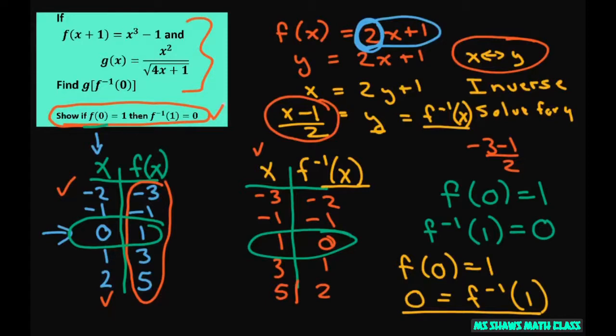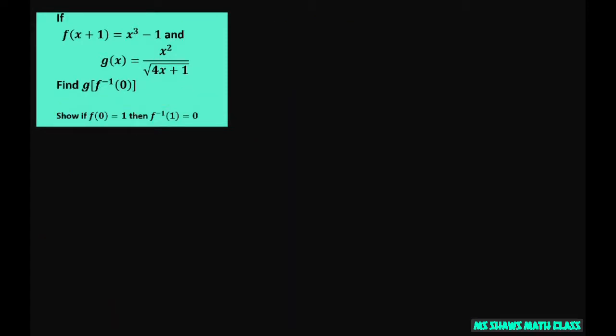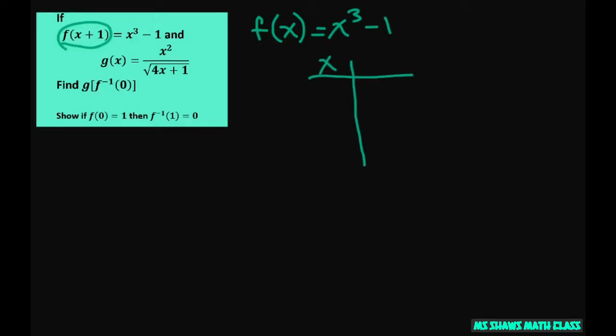Now let's get to our problem. What I'm going to first do is do a table for f of x, not f of x plus 1. Let's pretend this is just x cubed minus 1. I do a table. I have f of x here.